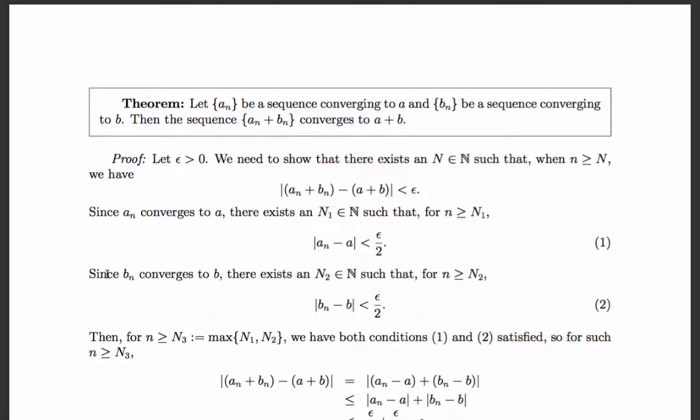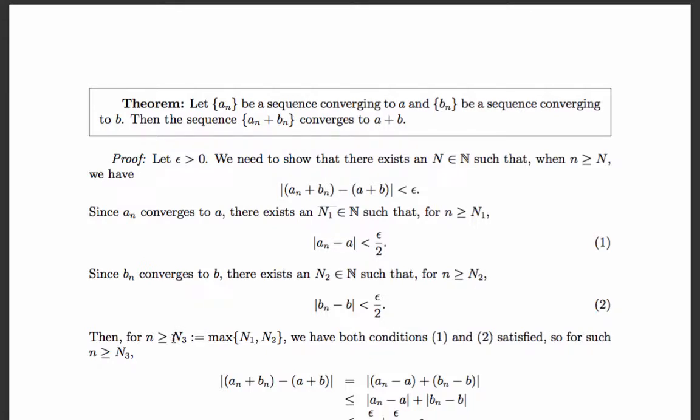We also know something similar for b_n. b_n converges to b. The definition of that statement means there is some natural number, we're going to call that natural number n2 so as to differentiate between n1, right? So n2. And for every n greater than or equal to n2, the absolute value of the difference between b_n and b is less than half of epsilon.